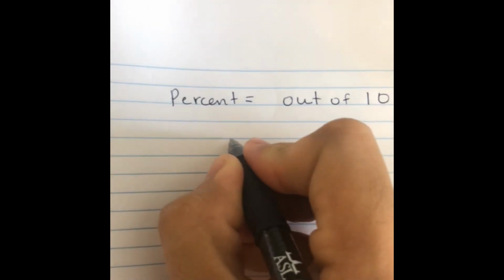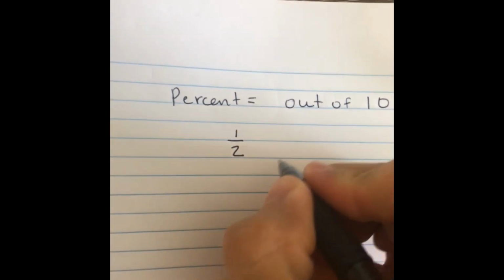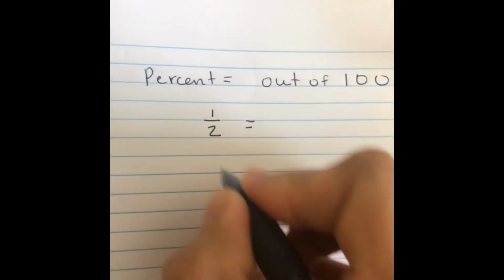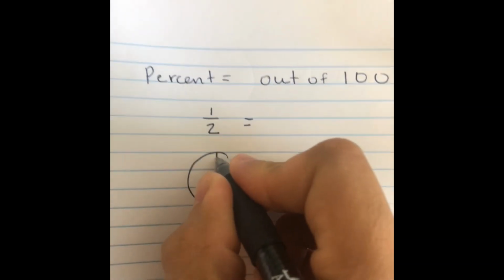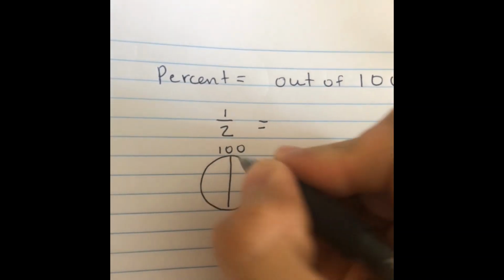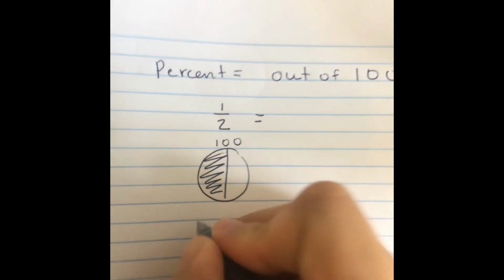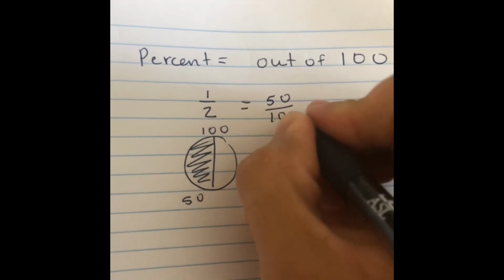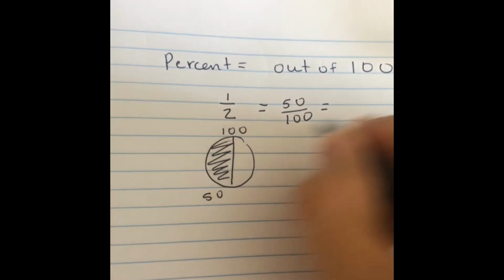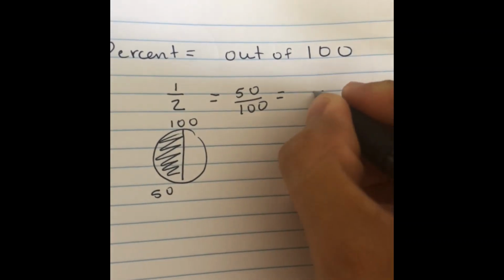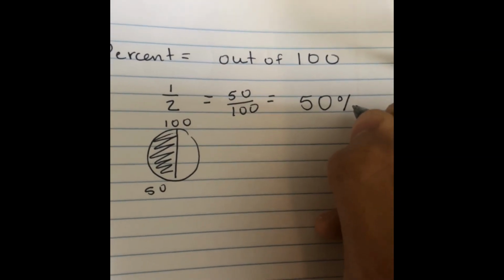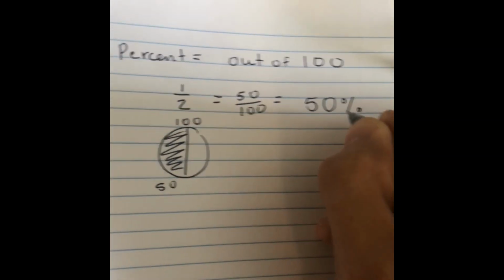So I showed you guys that if you have a half, you get it to 50%, because if this half was out of 100, the half would be 50. So 50 out of the 100 is equivalent to 1/2, so it's 50%. Make sure you put the percentage sign on this side.